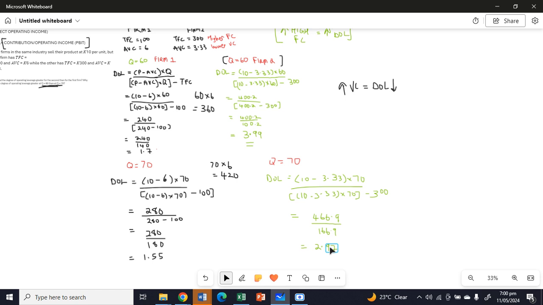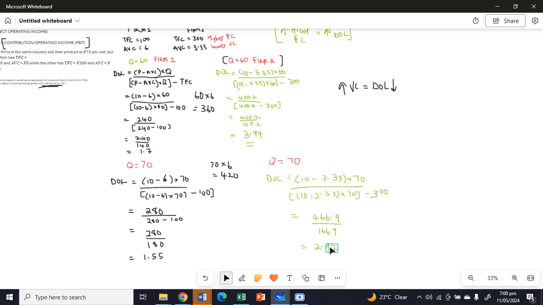The fundamental thing you must remember is that the degree of operating leverage measures how a change in sales affects a change in operating income. A high degree of operating leverage means that any change in sales in that company, whether a small increase or a big decrease, is going to affect operating income.